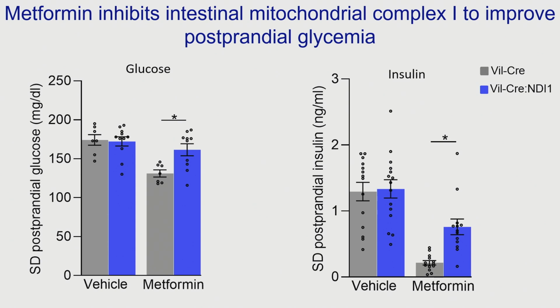You can see metformin lowers the insulin levels as well. Again, this is abrogated by having NDI1. The idea being metformin hitting complex 1 sucks up that glucose like a glucose sink, very similar to how insulin would do it in the muscle. And this is how we think it might be lowering the glucose levels.